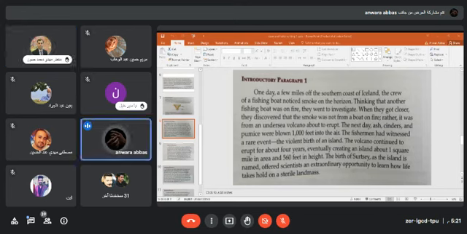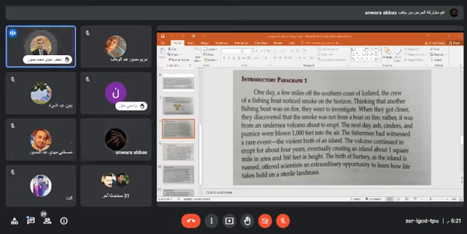Is it a funnel introduction or an attention-getting introduction? I think the first one. Why? Can you justify, Muntabar? Because he started by saying "one day," and then he followed by the island, and line by line he starts to explain.